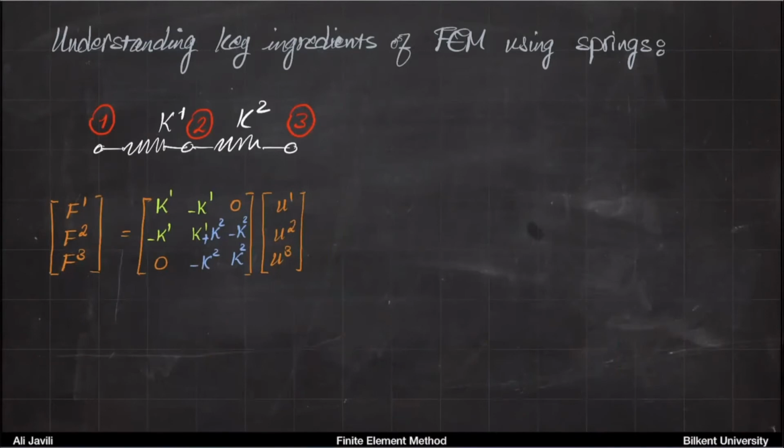Now, what properties or what constraint should we add into this to make it a spring combination in series, right? That's the goal. It's not exactly a spring combination in series because we have different forces here. We have F1, F2, and F3.